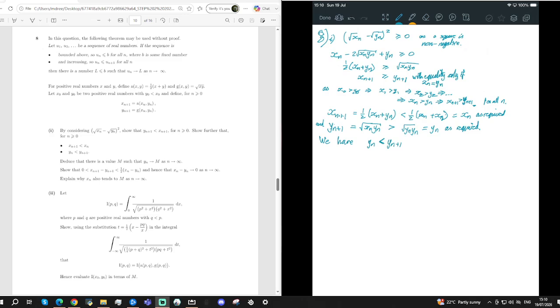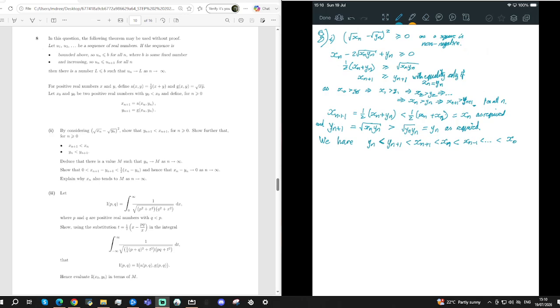So this is the second bullet point of the given theorem. So this is less than, well, the x's are bigger, so this is less than xn plus 1. But xn plus 1, well, bigger than that is the xn. That was the first bullet point. But then bigger than that has to be the xn minus 1 all the way. So the x's are a decreasing sequence.